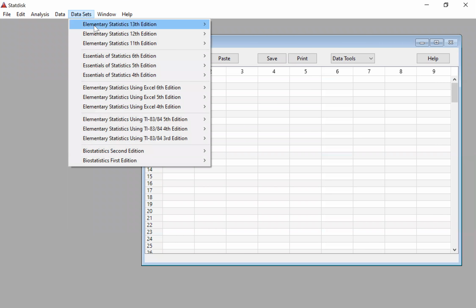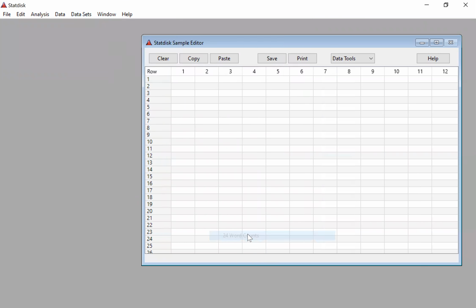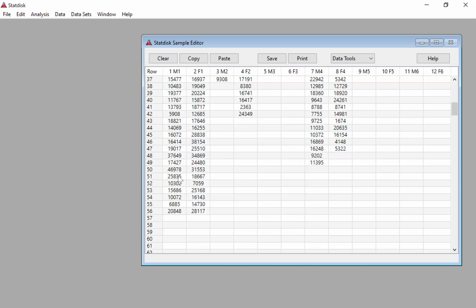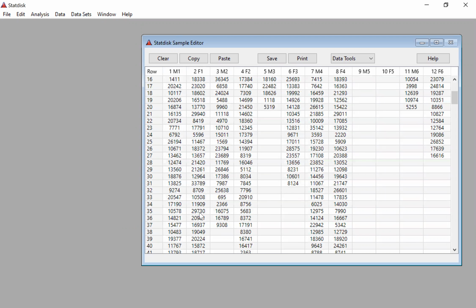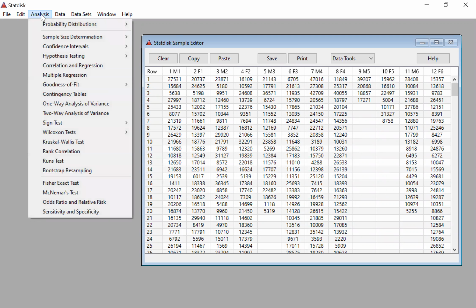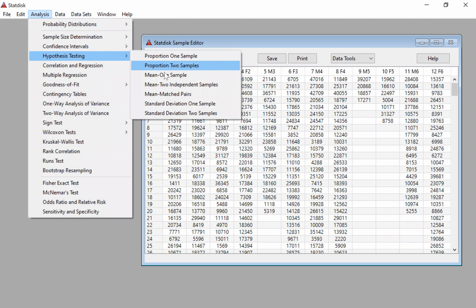We're going to open up dataset 24, and we're using the first 2 columns. What we can see here is we've got 56 of each. One of the requirements of paired data is that our sample sizes for both groups are the same. So: analysis, hypothesis testing, mean, matched pairs.